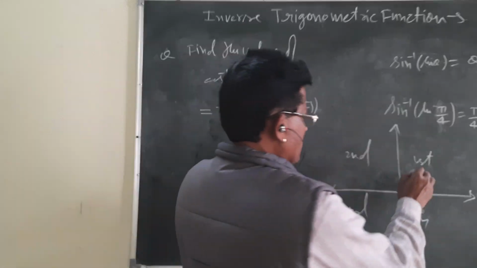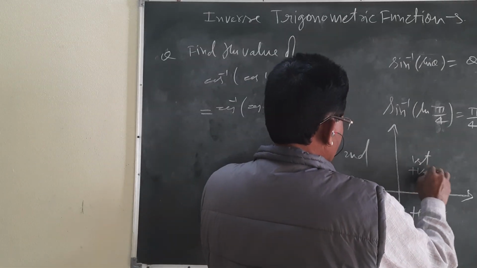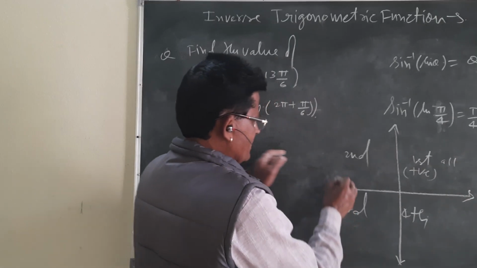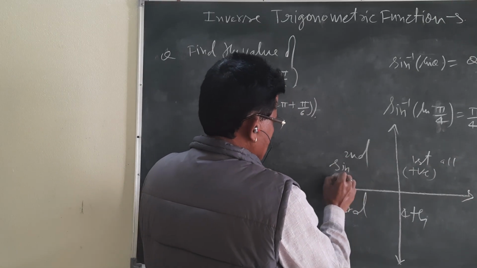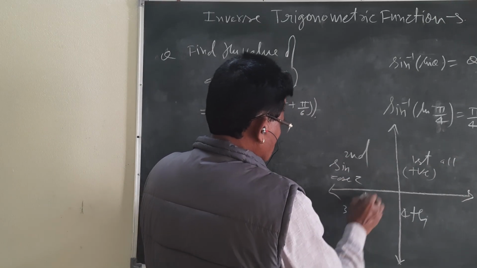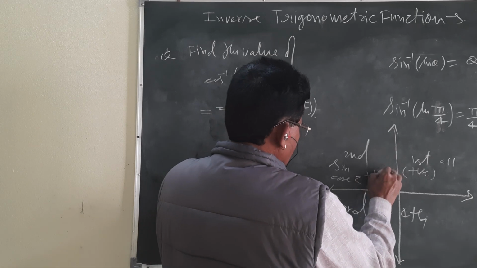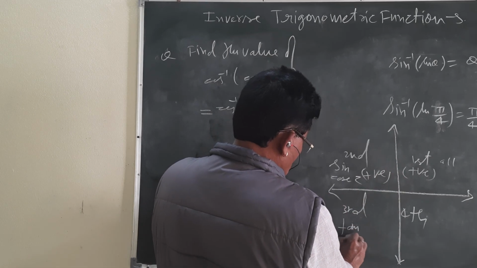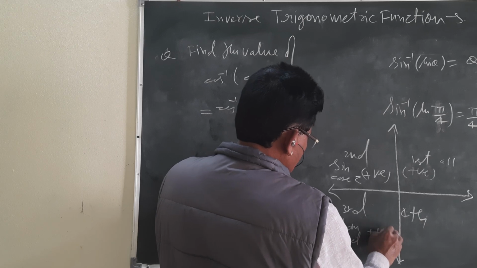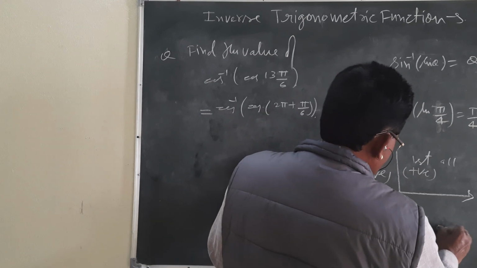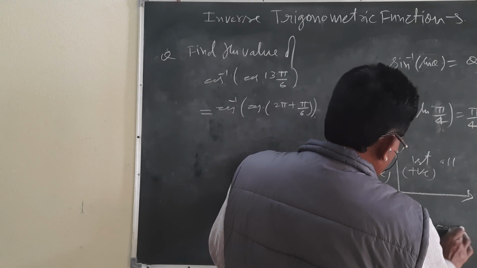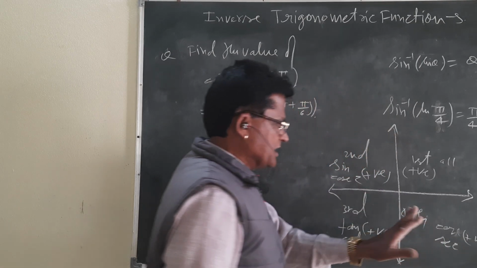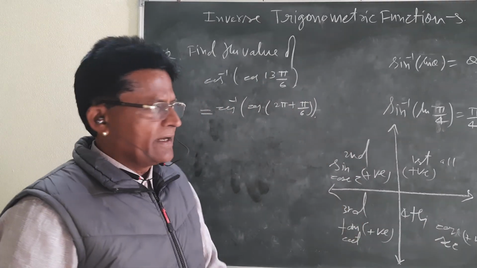In the first quadrant, all trigonometric ratios are positive. Here, sine and cosecant are positive. Here, tan and cot are positive. And here, cos and sec are positive.